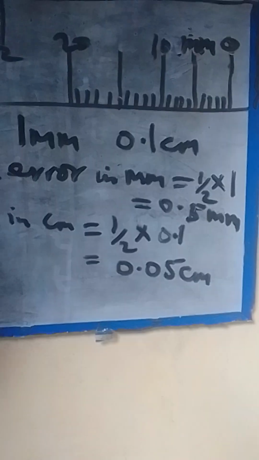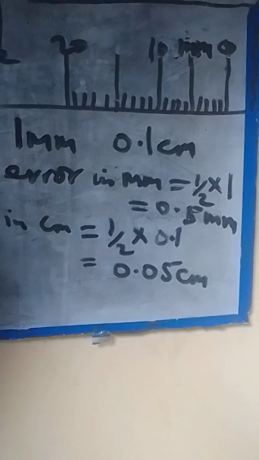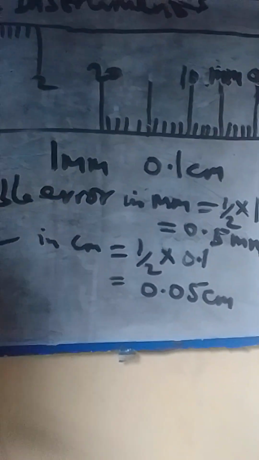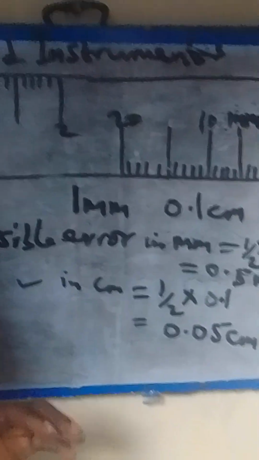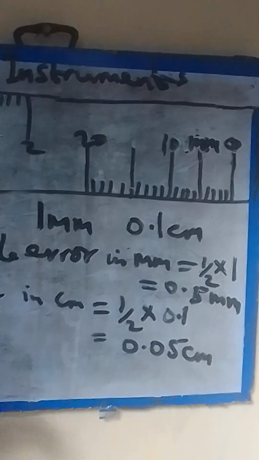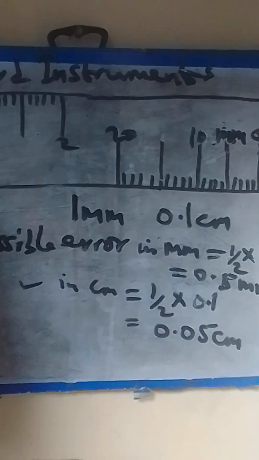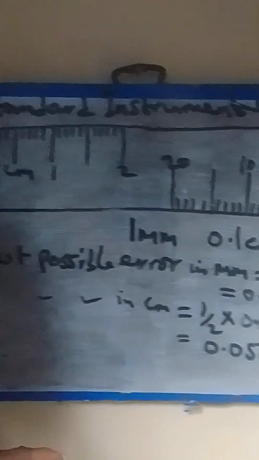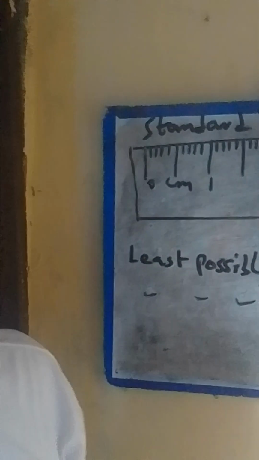So the next thing I want us to look at is the vernier calipers. Vernier calipers is also an instrument used in measuring length or distance. So in our next class, we are going to be looking at how vernier calipers are used in measuring the distance or length of objects, and also look at the micrometer screw gauge.